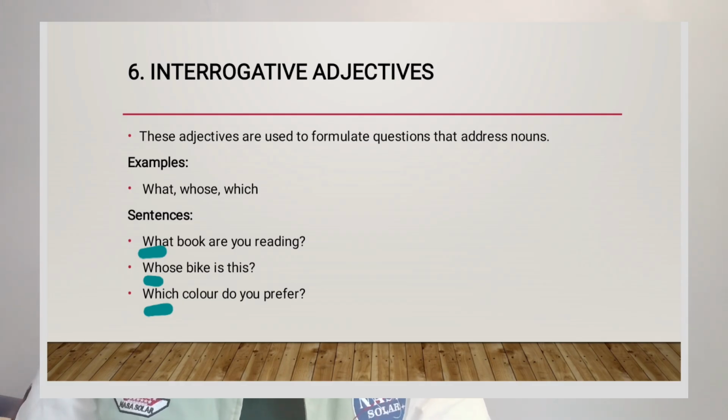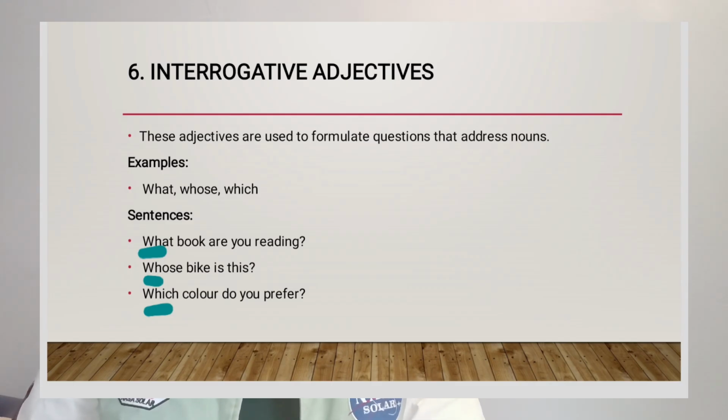I want you to note, these words are placed directly before nouns so that they are safely called interrogative adjectives. Once there's something infixed between these words and the nouns they're referring to, their title automatically changes.